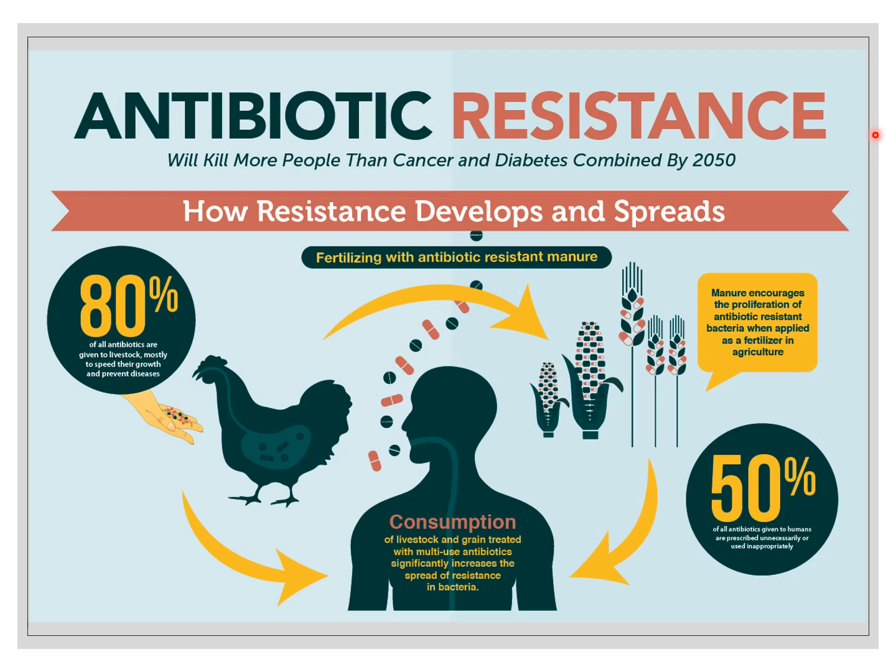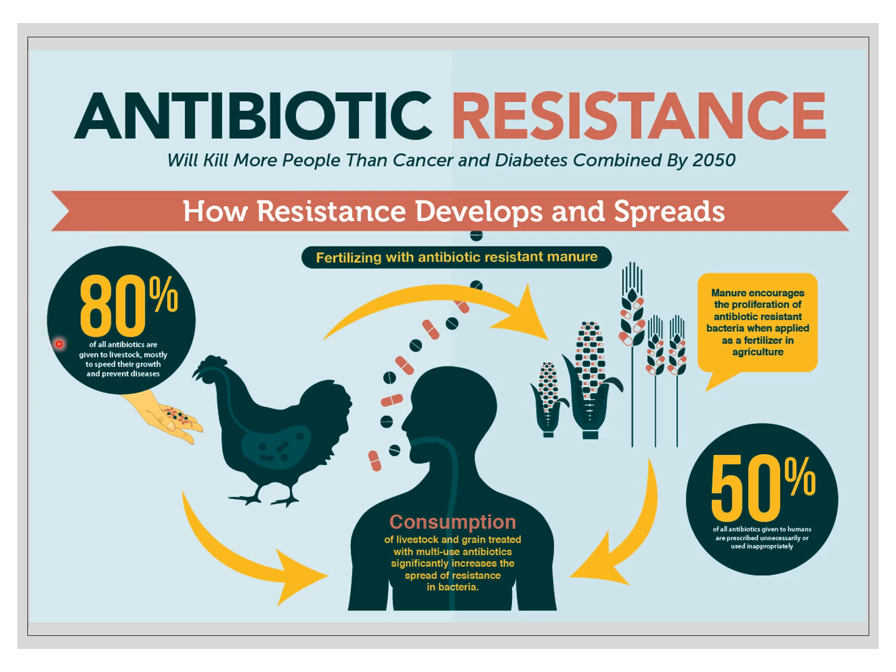So this is just a little bit more, for your edification, about antibiotic resistance and something to be aware of. There's really a war going on between bacteria and antibiotics, right? So how does this resistance develop and spread? We feed a lot of our livestock animals antibiotics.